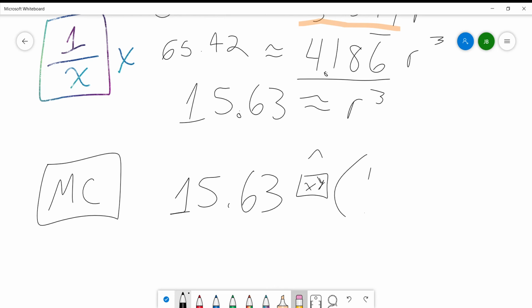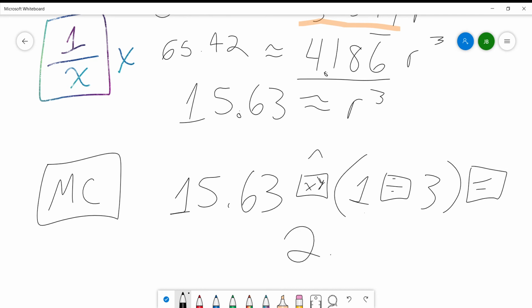So memory clear erases the memory so you can start fresh. So we're going to do 1 divided by 3 close parentheses equals. The answer you should get is about 2.5, round to the nearest tenth.